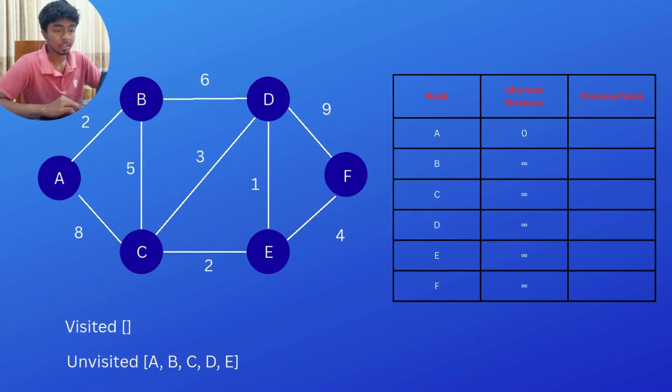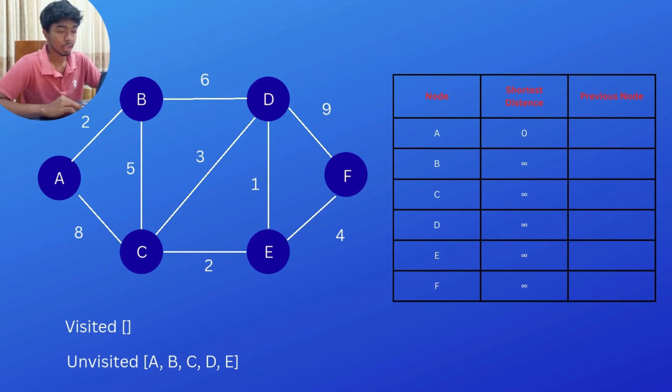And in the last column we store the previous node that leads us to the shortest distance, and this column will be empty at the beginning because currently we have no information about this. So those are the things we need to keep track of, and now we can start the first iteration.